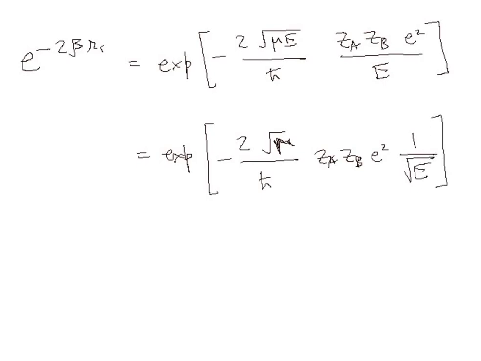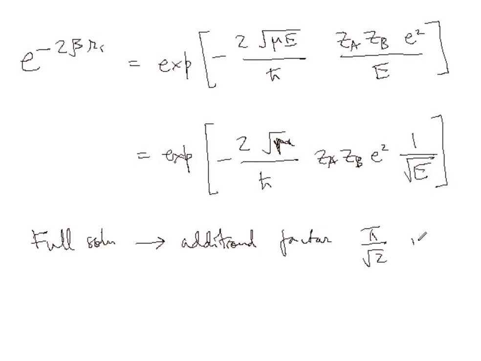Now you see, a full solution of the Schrodinger equation gives the same answer but with an additional factor of pi by root 2 in the exponent term.